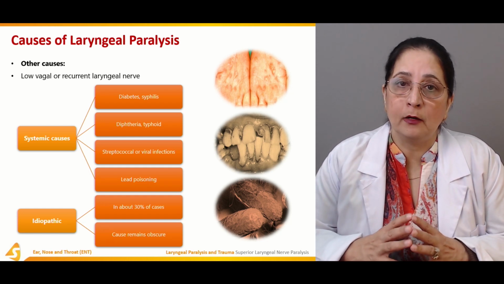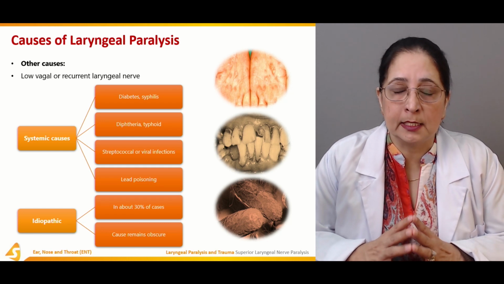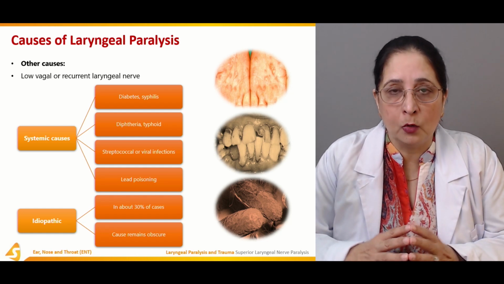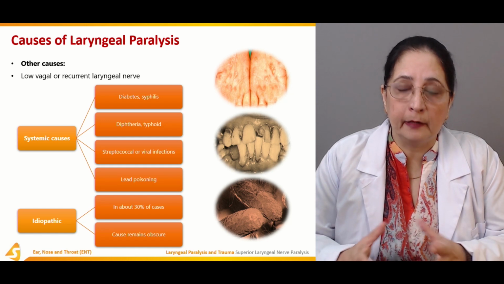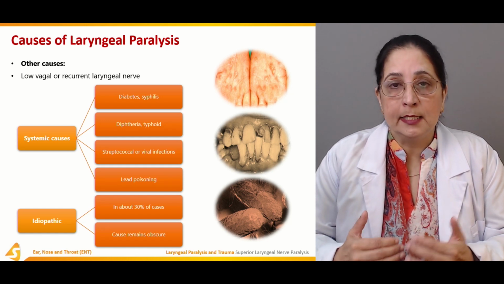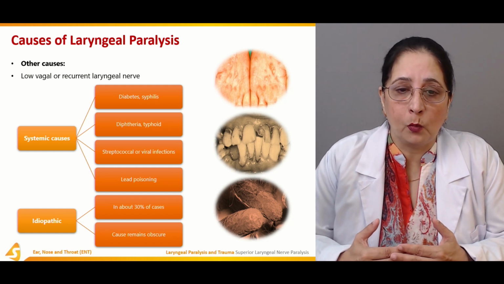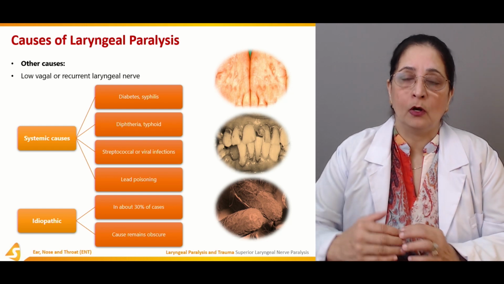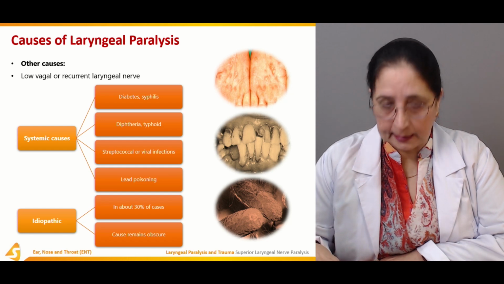So idiopathic causes are quite a few, in 30% of the cases no cause of paralysis is found. Then we have some systemic diseases like diphtheria, typhoid, diabetes, syphilis, streptococcal or viral infections, and lead poisoning, all of which can lead to laryngeal paralysis.